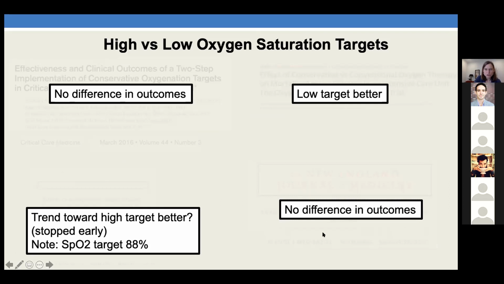Another one in the New England Journal also had no difference in outcomes. One study actually showed that a lower oxygen target was better in terms of mortality for patients. And then there is this one French study that actually showed that maybe higher targets was better. Although it's important to note that that study was stopped after only 200 patients and that it also used quite a low saturation target, which may have impacted the results.